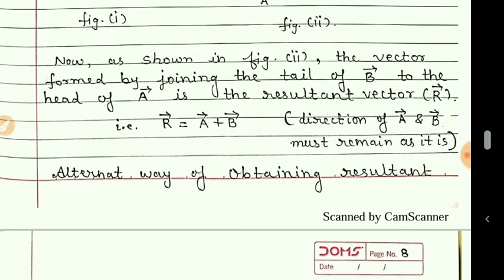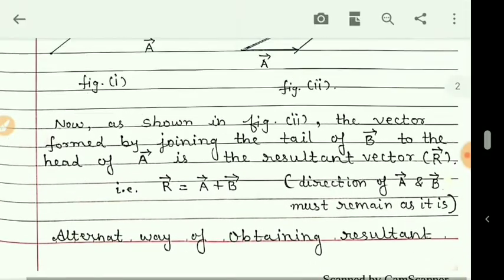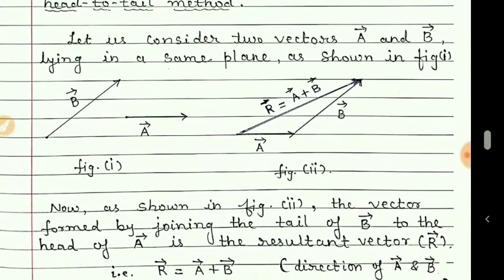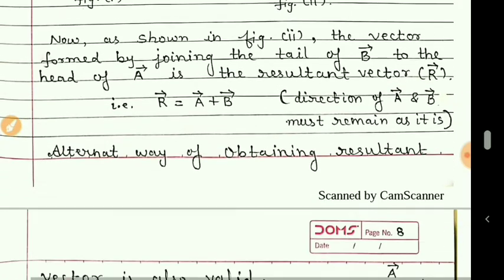This alternate method is not different, it is same as this only, but what we have done in this method is we have connected the tail of B with the head of A. In the next method we will connect the tail of A with the head of B. The result obtained will be same, the result will not be different. So let us see that also.